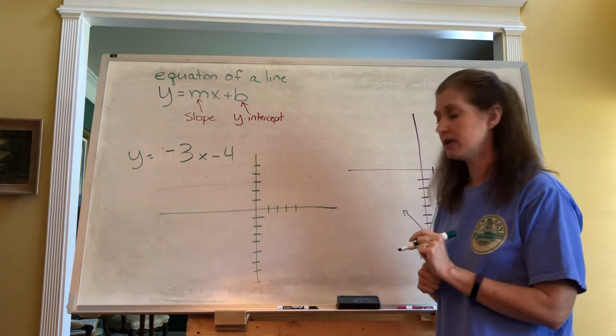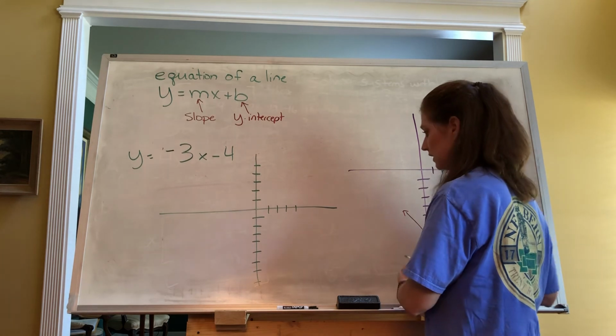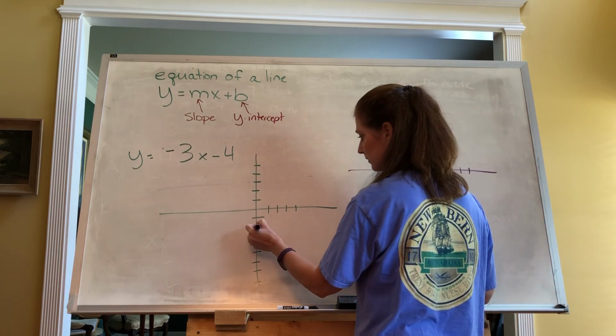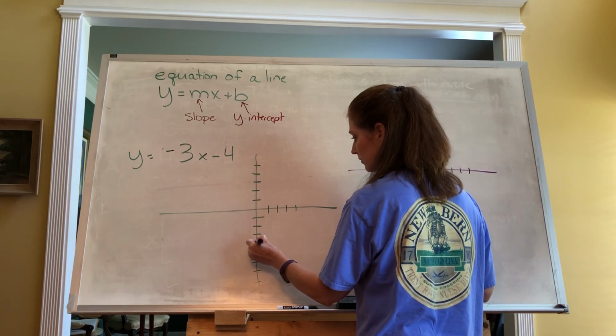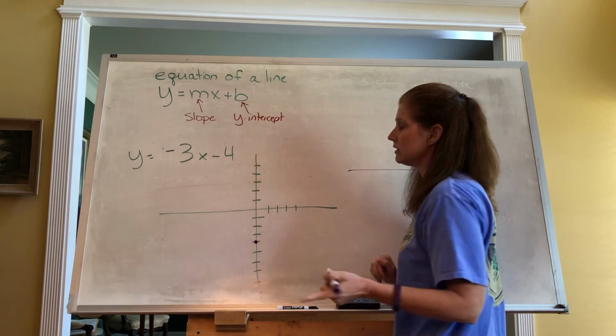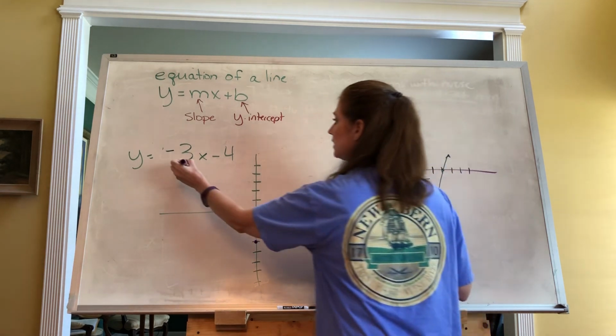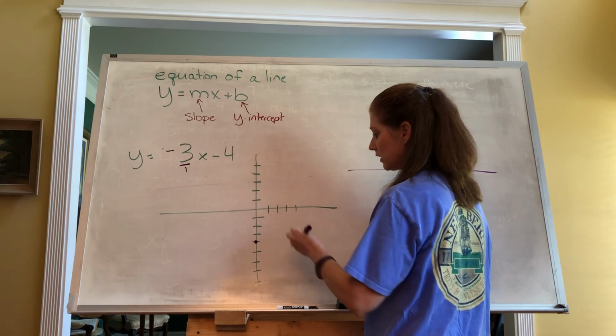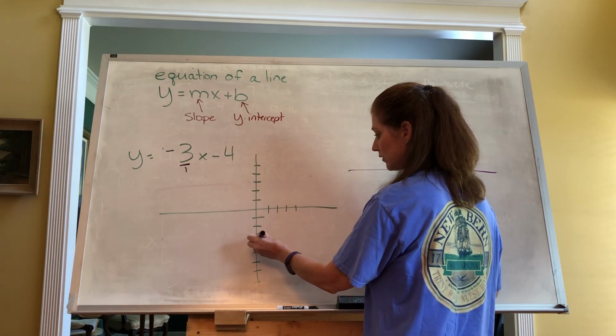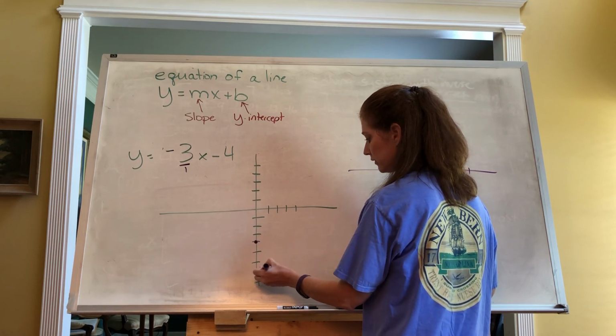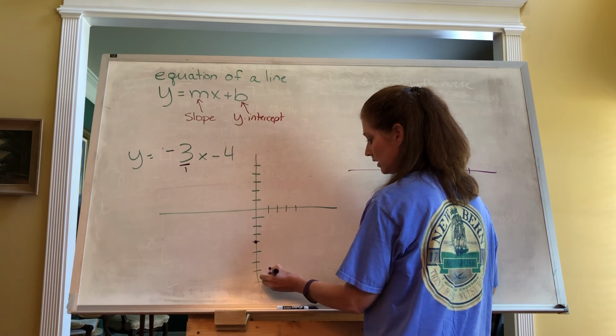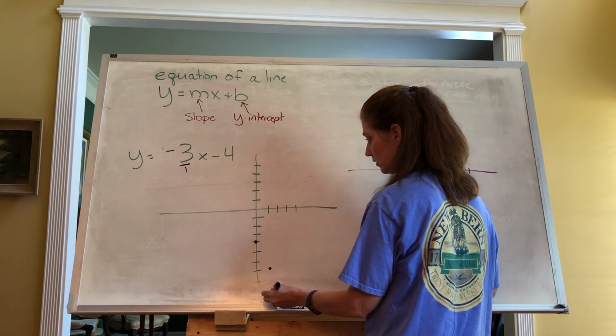Y-intercept is at negative 4. So we're going to plot that point. And our slope is negative 3, or we say negative 3 over 1. Alright, so that we know we're going down 3 and over 1. And down 3 again, and over 1.